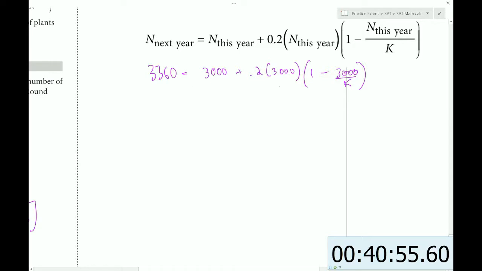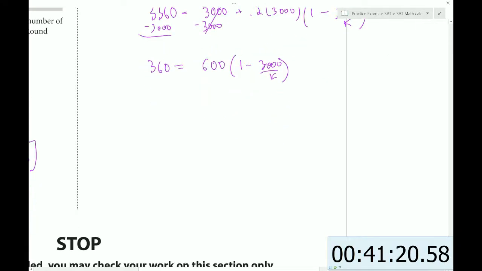So the first step is to get rid of the things that are further away from K, starting with this 3,000. So we subtract 3,000 to the other side, and that gives us 360 equals 0.2 times 3,000. By the way, we could do 2 times 300, right, because we're dividing by 10. We get 600, and we get 1 minus 3,000 over K. Now we can divide by 600 on both sides, right?